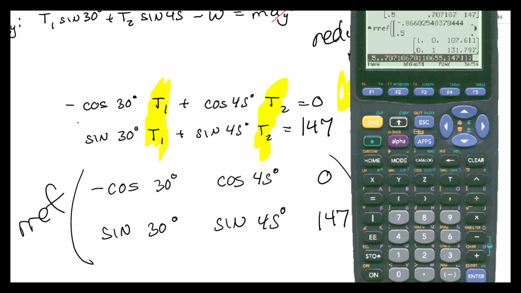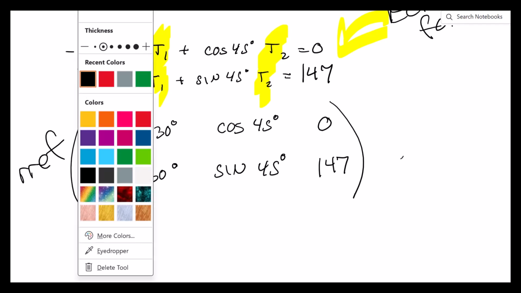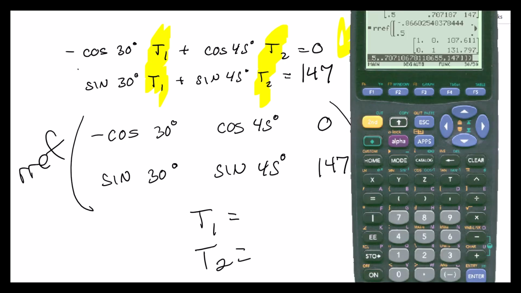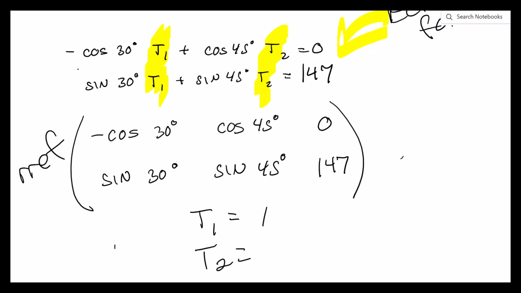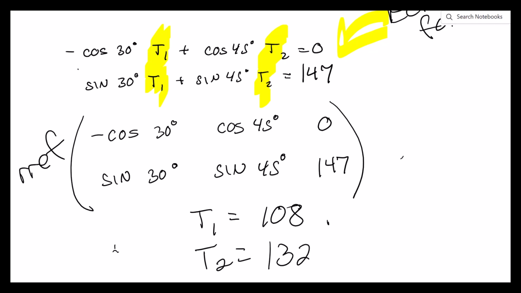Okay, and see how on the left it goes 1, 0, 0, 1? So basically that correlates to the first thing that you wanted being 107 and the second thing you wanted being 131. The first thing I wanted, because I had them in order, was T1 and the second was T2. So T1 is about 108 and T2 is about 132, in newtons.